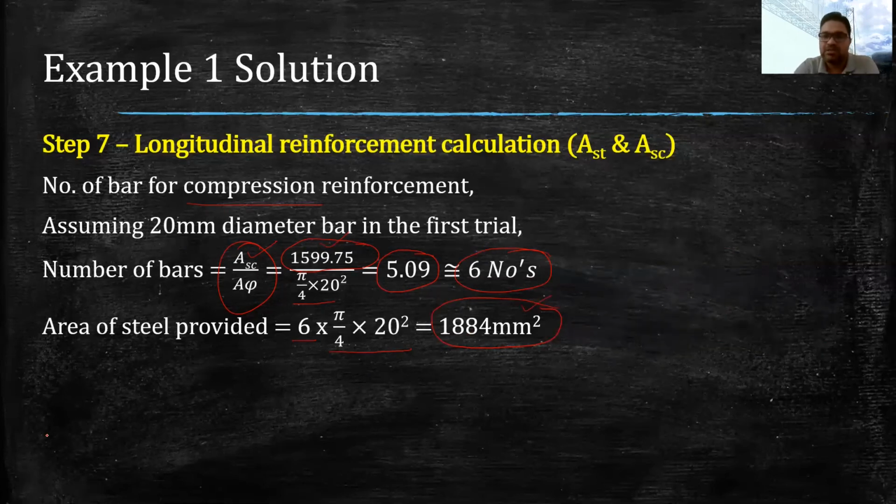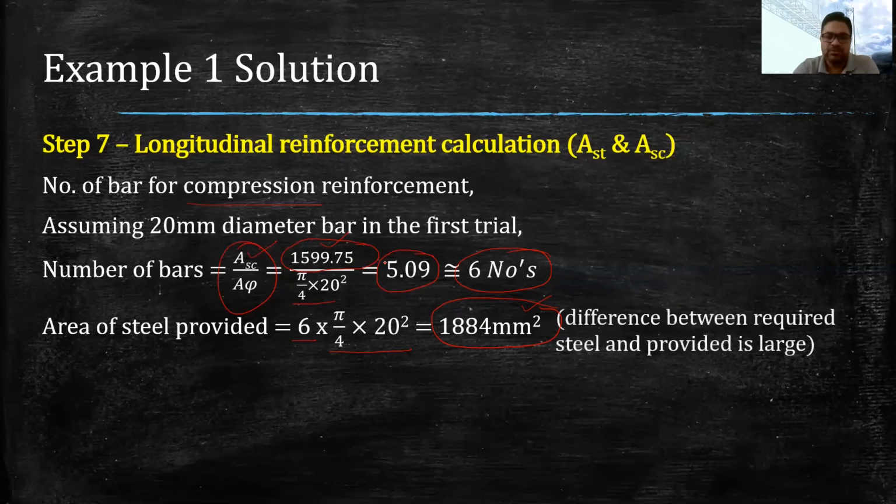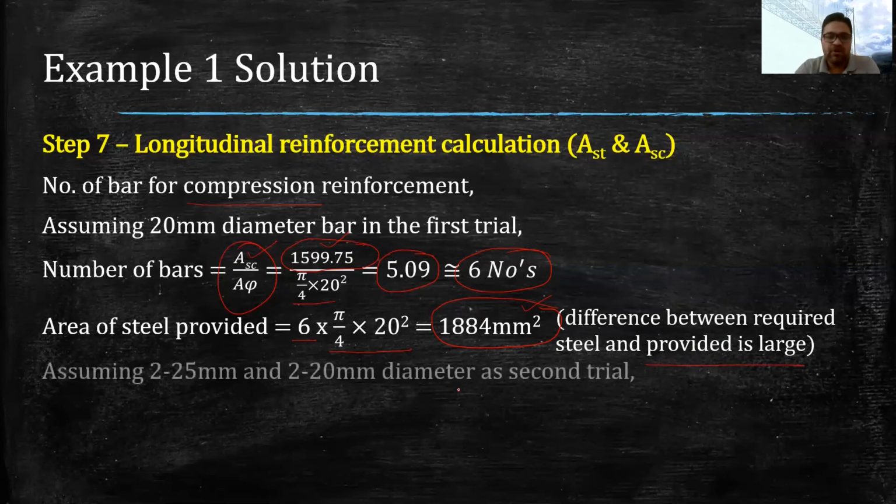So what we can do is try different combinations of bars so that the difference between provided and required can be reduced. As I have written here, the difference between required steel and provided is large. So as a second trial, we can use 2 bars of 25 mm and 2 bars of 20 mm dia.